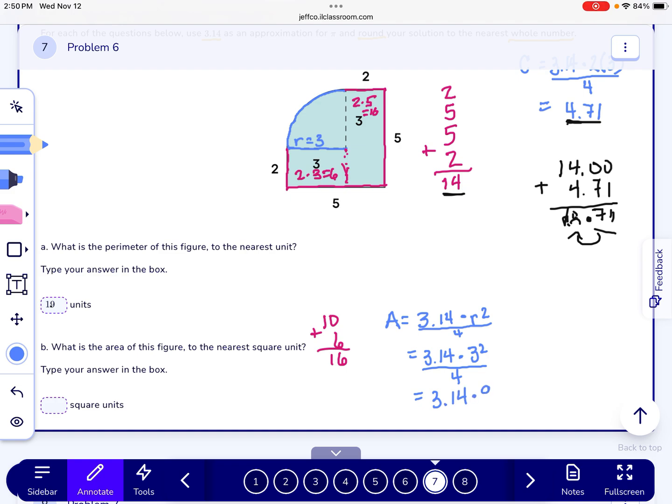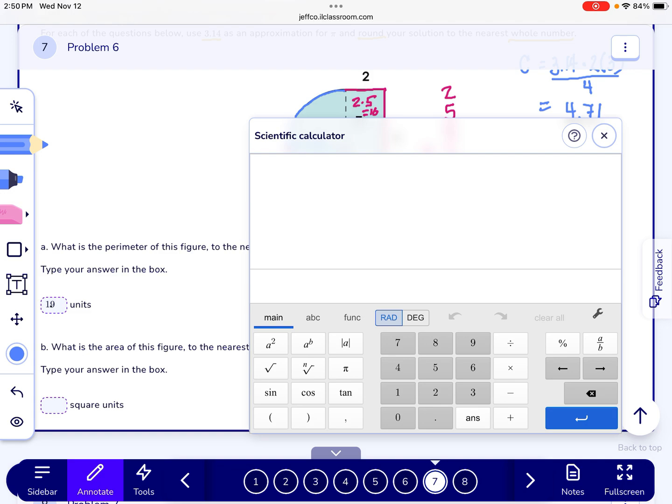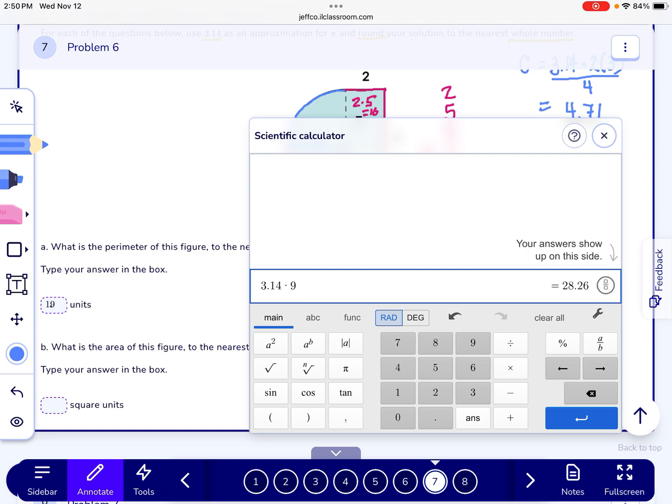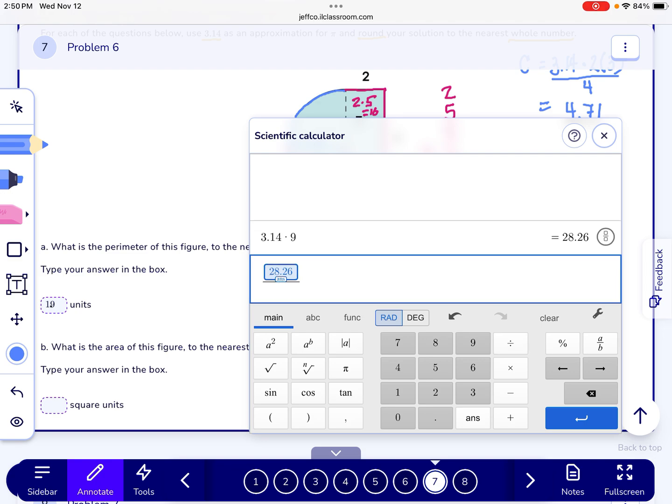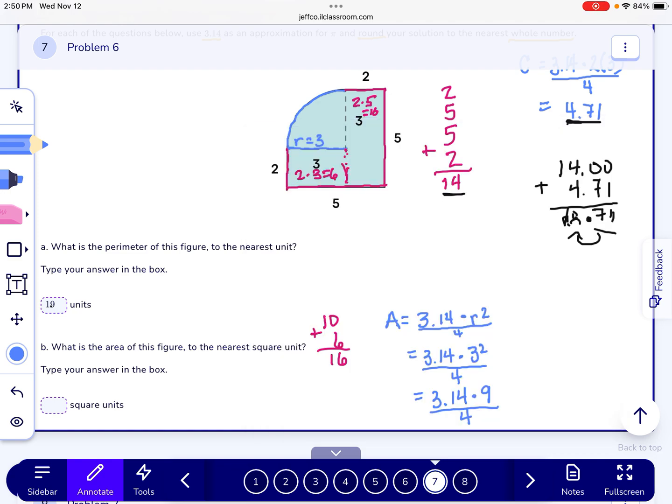Three squared is 9. So 3.14 times 9 divided by 4, 7.065.